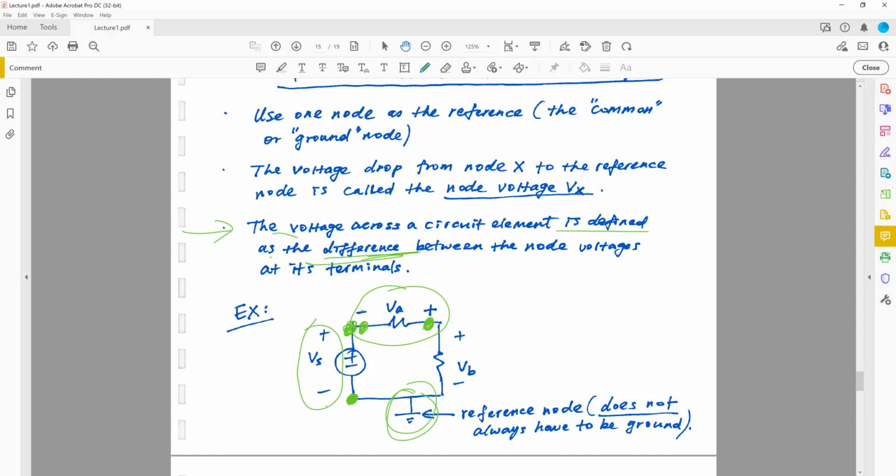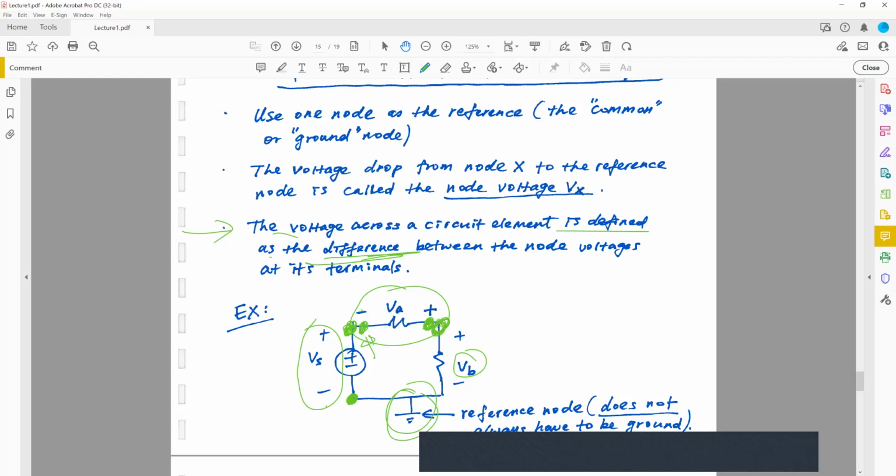If I ask you to find this voltage from left to right, then you will take whatever voltage is associated with the negative terminal minus whatever is associated with the positive terminal. Similarly for VB, I'm going to take this node voltage minus this reference node.